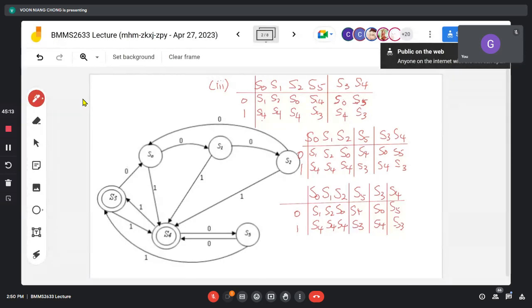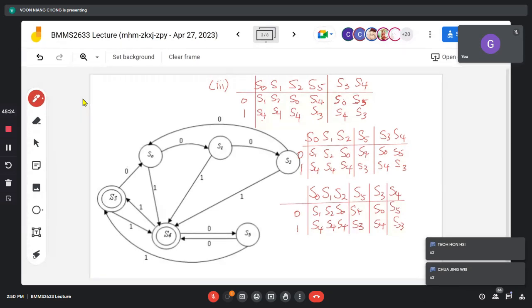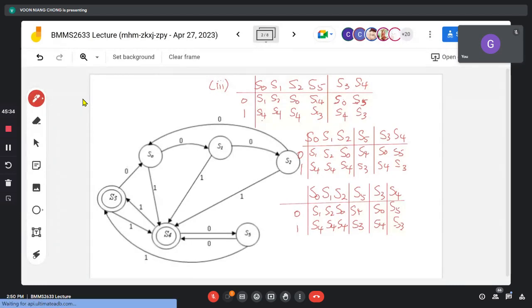What's the answer? S4? Nobody doing it. S3. Okay, so S4 is S3 and S5?